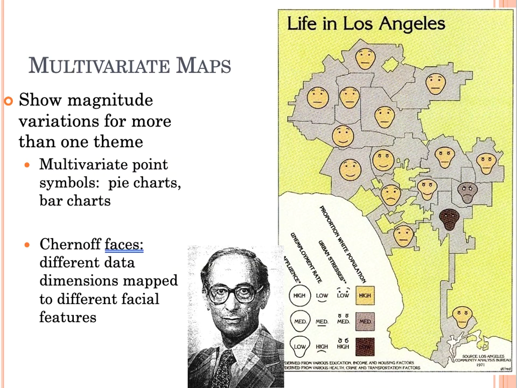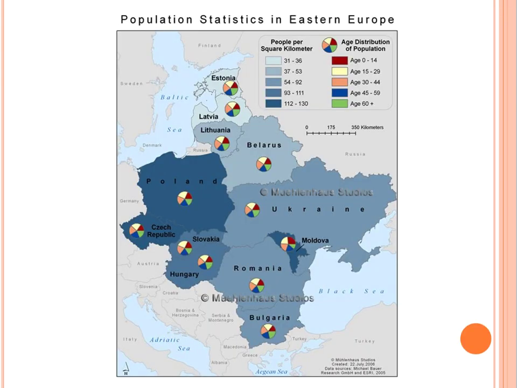So again, there are other examples of multivariate maps. Like we could see here, this is the population statistics in Eastern Europe. The different colored blues show the people per square kilometer.